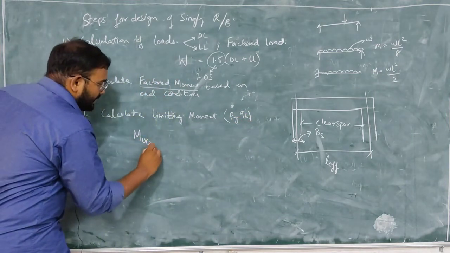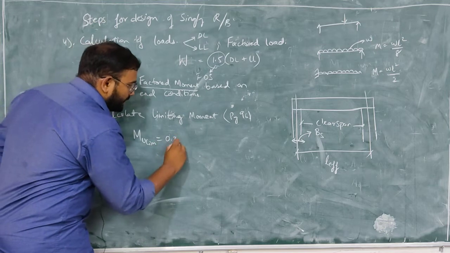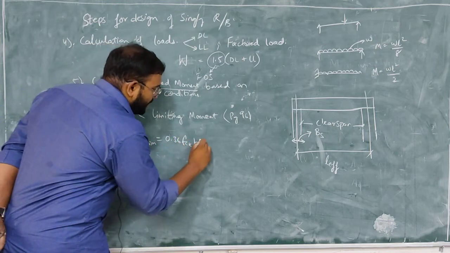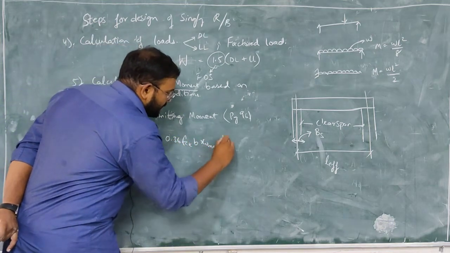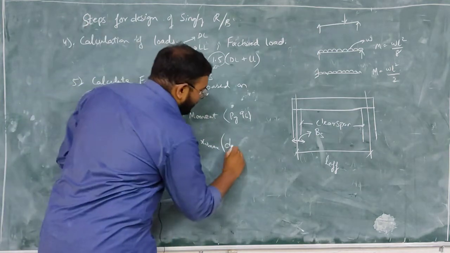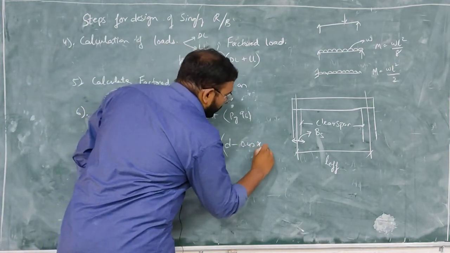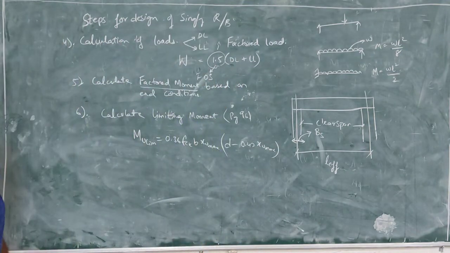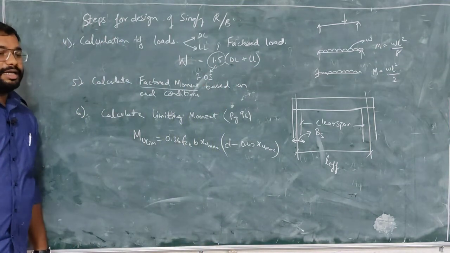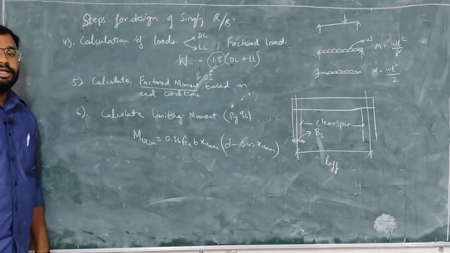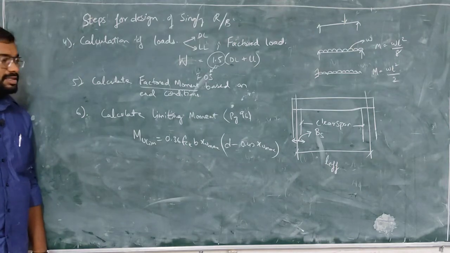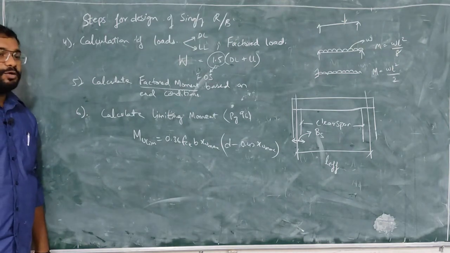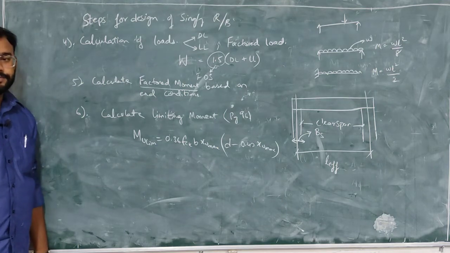Mu lim is equal to 0.36 FCK B XU max into D minus 0.42 XU max. Mu lim is called the limiting moment. This is the formula: 0.36 FCK B XU max into D minus 0.42 XU max.